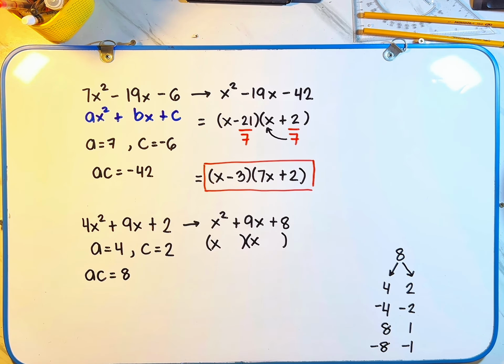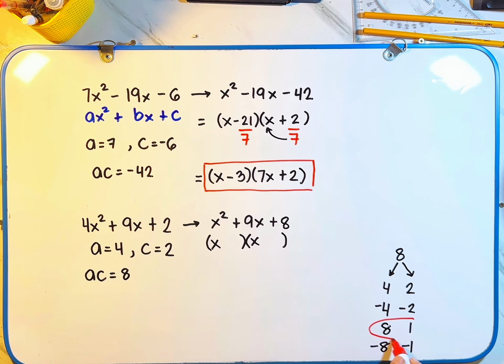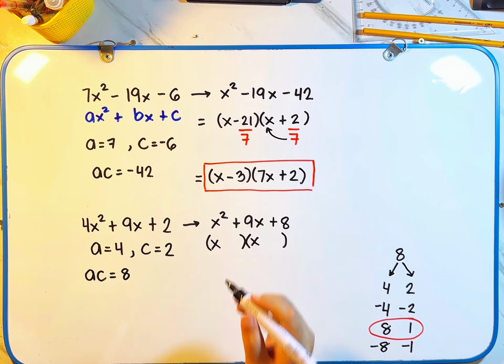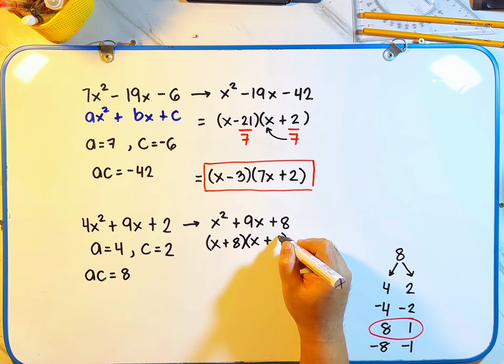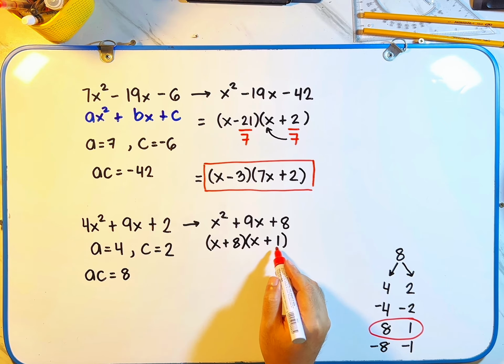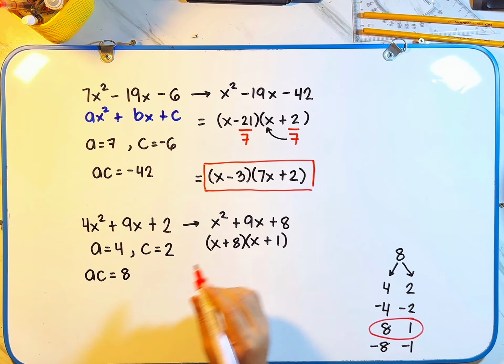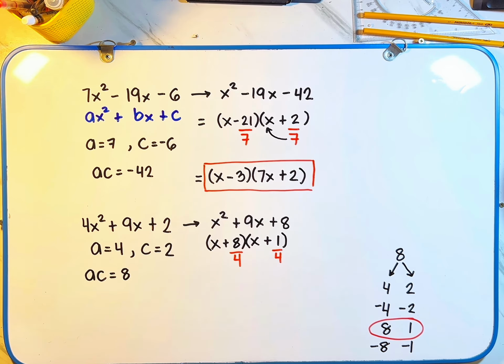The pair of factors that has a sum of positive 9 is 8 and 1. Let us write here, plus 8 and then plus 1. Now, let us divide both of these values by the leading coefficient 4. Divide by 4, divide by 4.